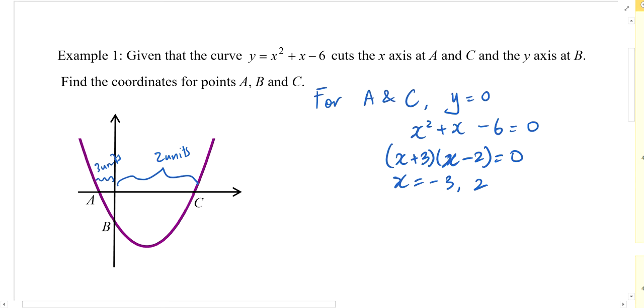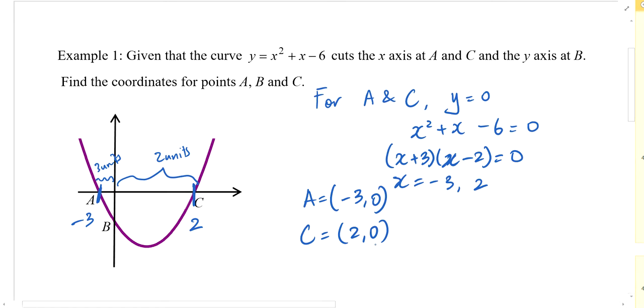So it is very poorly drawn, but we know that C will be 2, whereas A will be negative 3. So the coordinates for A will be negative 3, 0. For C will be 2, 0. That's for A and C.